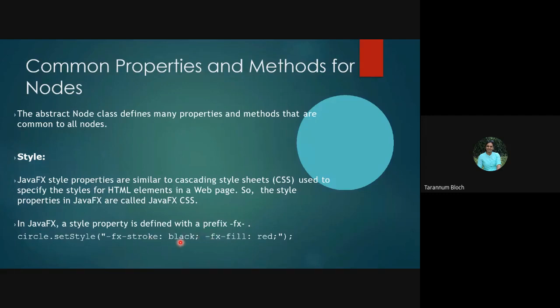We said stroke is black and fill is red. So it will set the style for the circle object by giving a black outline and filling the circle with red color. Fine. So setStyle is a property of JavaFX which is similar to your CSS.